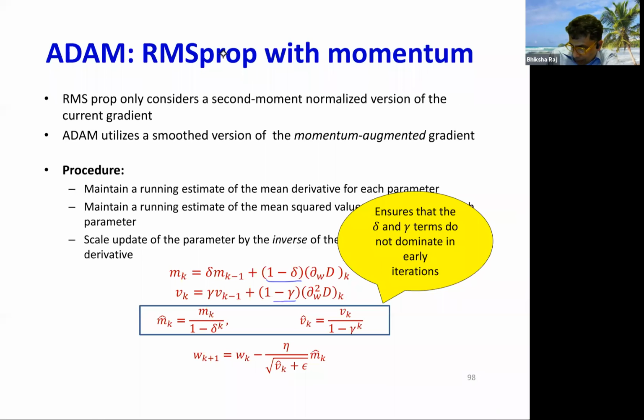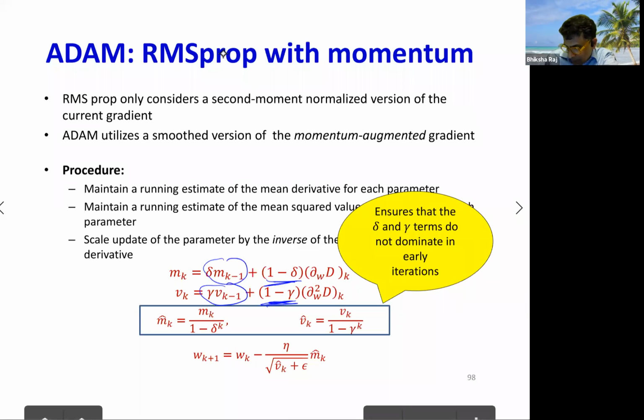And the initial value when you're doing these running averages is going to be 0. So in the initial estimates, what will happen is that because gamma and delta are close to 1, these terms will go to 0. And so your running averages for the mean and the mean squared value are going to remain close to 0 for several estimates, making your updates unstable.